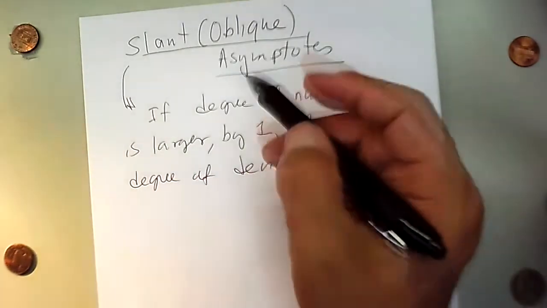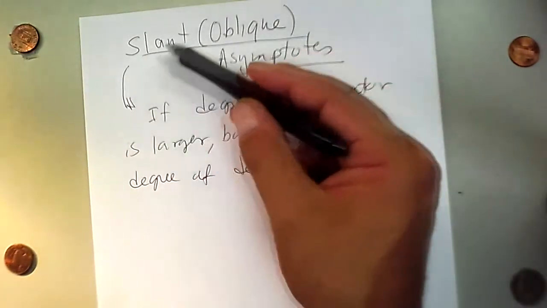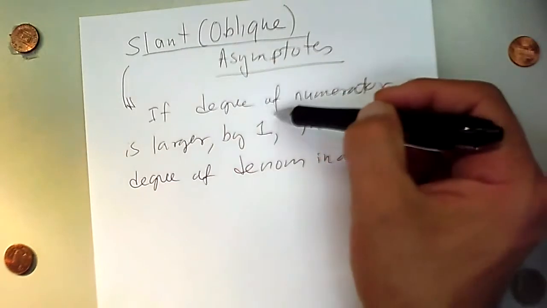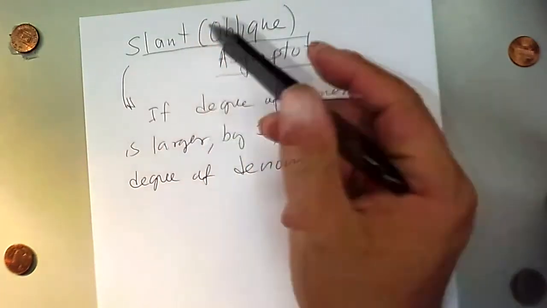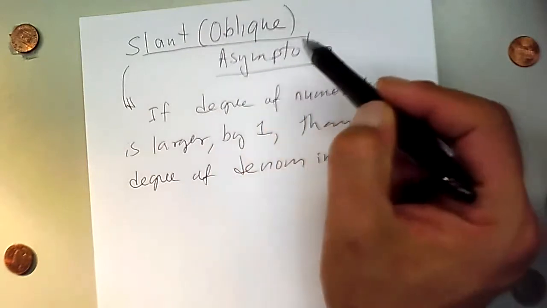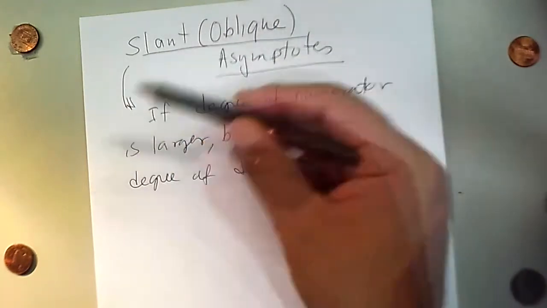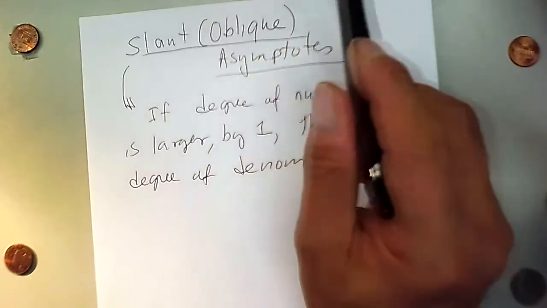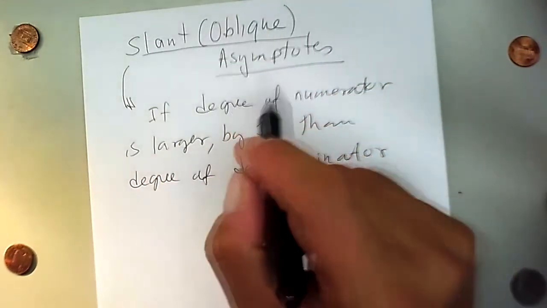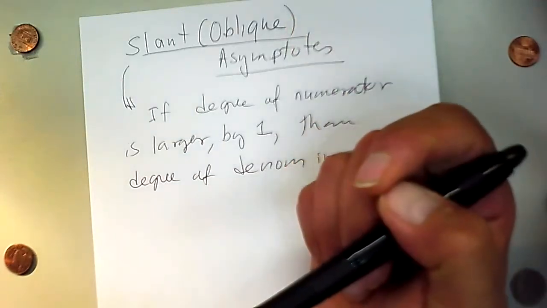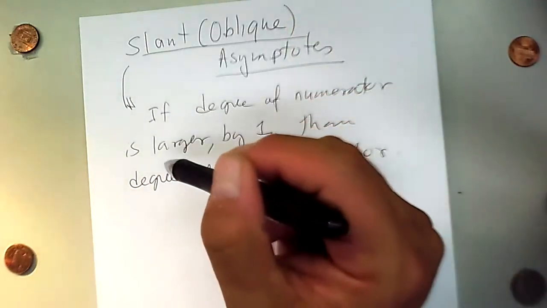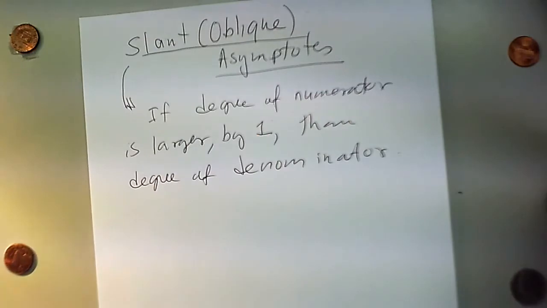I just realized, if we want to have a straight line, the degree has to be larger by 1. If the degree is larger by 2, then we don't have an asymptote as a straight line. We have some kind of asymptotic behavior, but let's not get into that. Let's just assume that the top is larger by 1. There are some cases that we could consider yet, which we're not going to consider here.